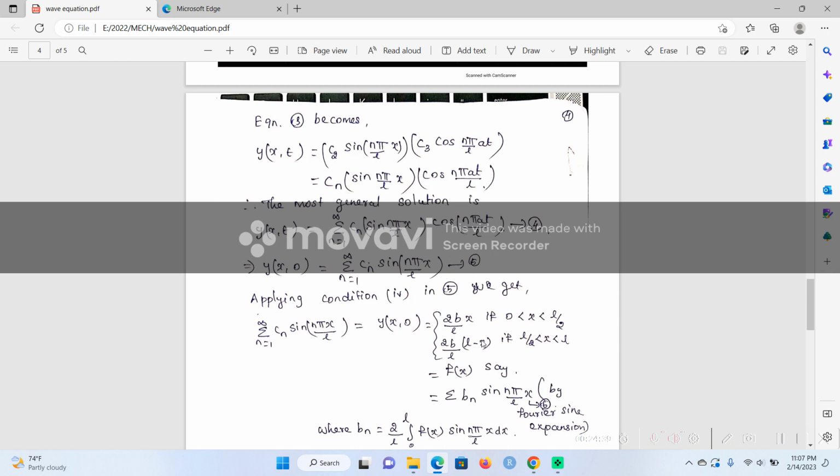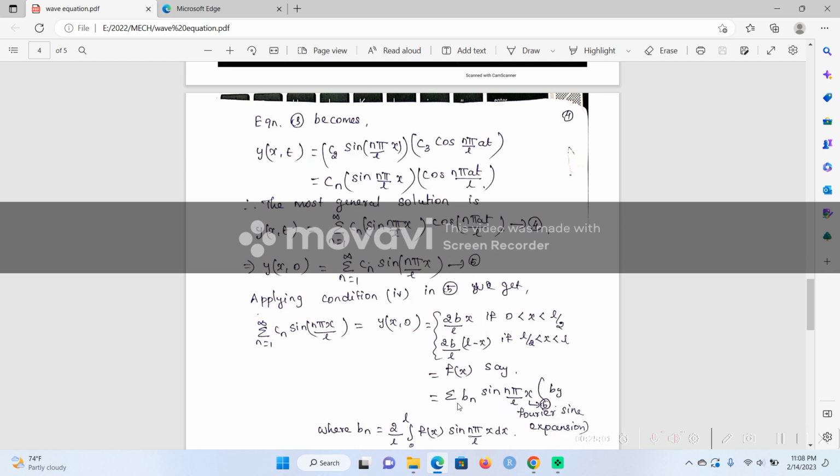We know any function can be expressed as a summation of a trigonometric series using Fourier expansion. On the left side we have the sine term alone, so we consider the Fourier sine series.